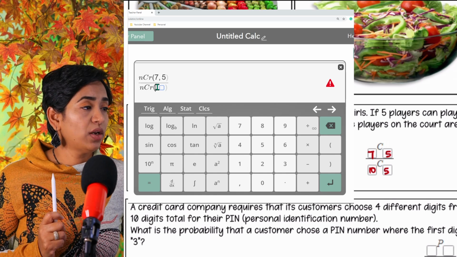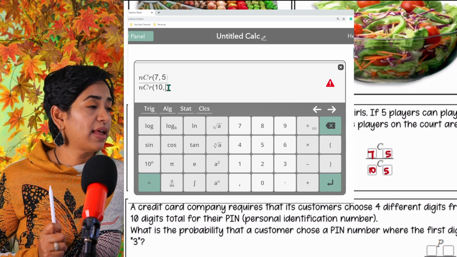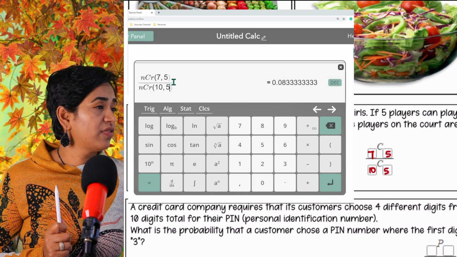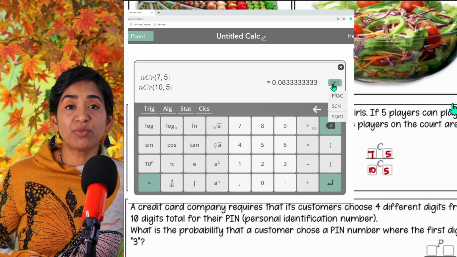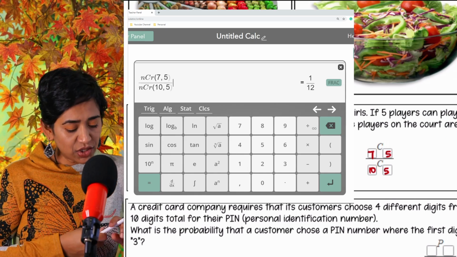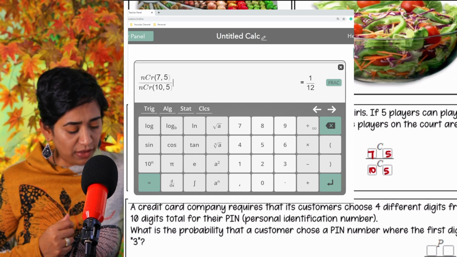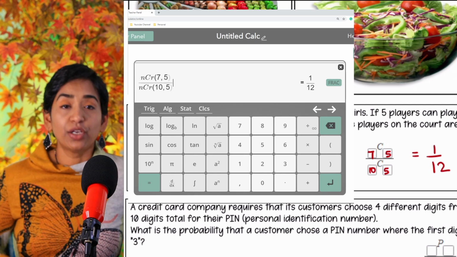What's the second one, I mean the denominator? 10 and 5. And if you want it in fraction, you simply go to decimal and then click fraction. So your answer is 1 over 12.